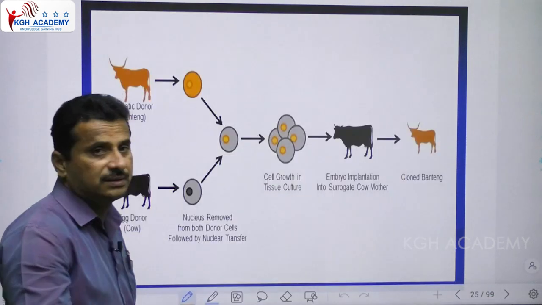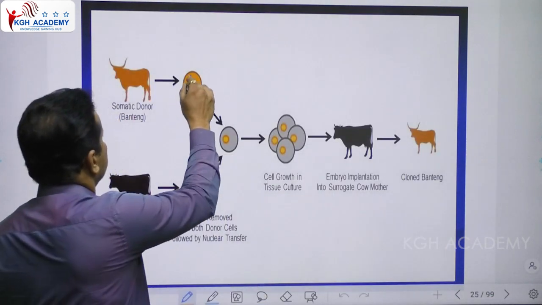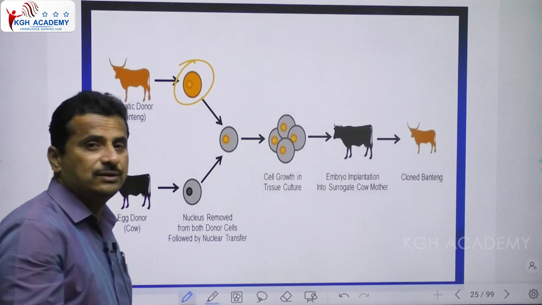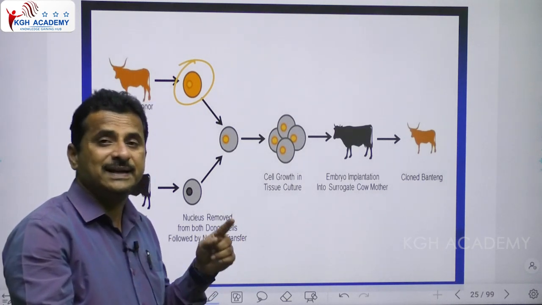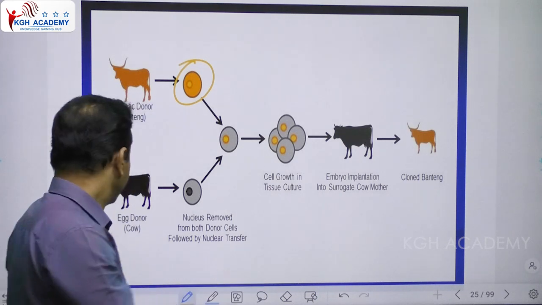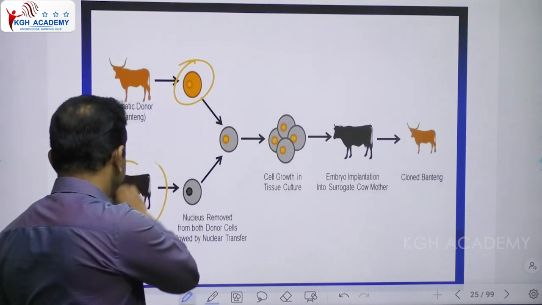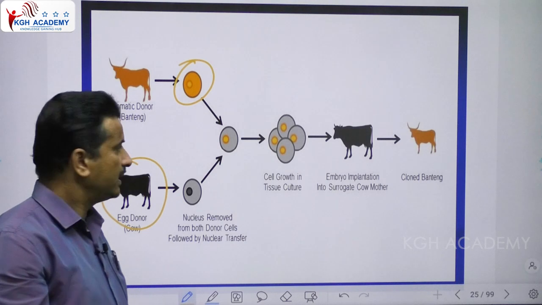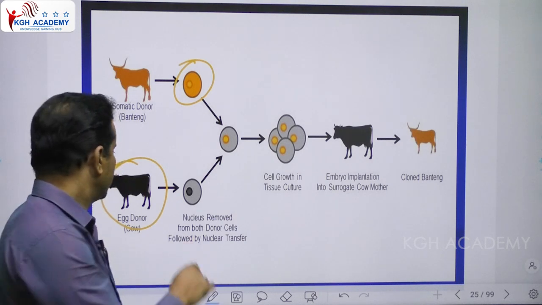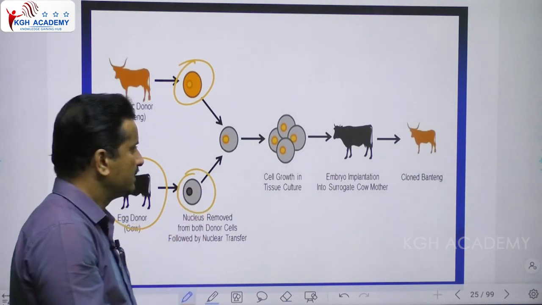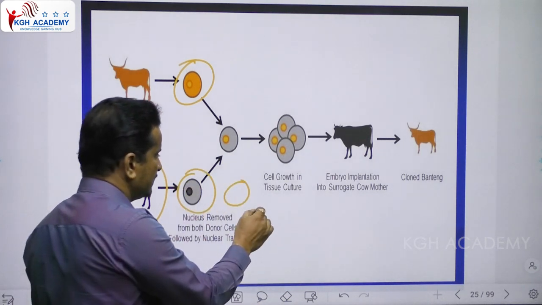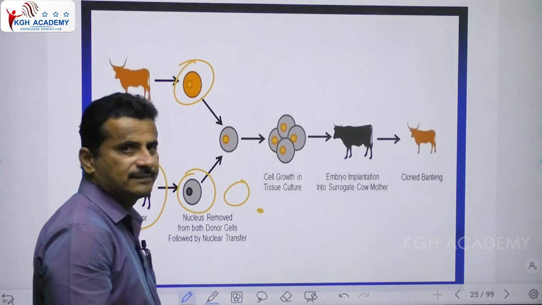Next, the same. Here you see the somatic donor. Somatic donor means nucleus donor. Here is the somatic cell nucleus donor, and next, the egg donor. Okay, a cow. Here they take this egg with its nucleus, then separate this nucleus.